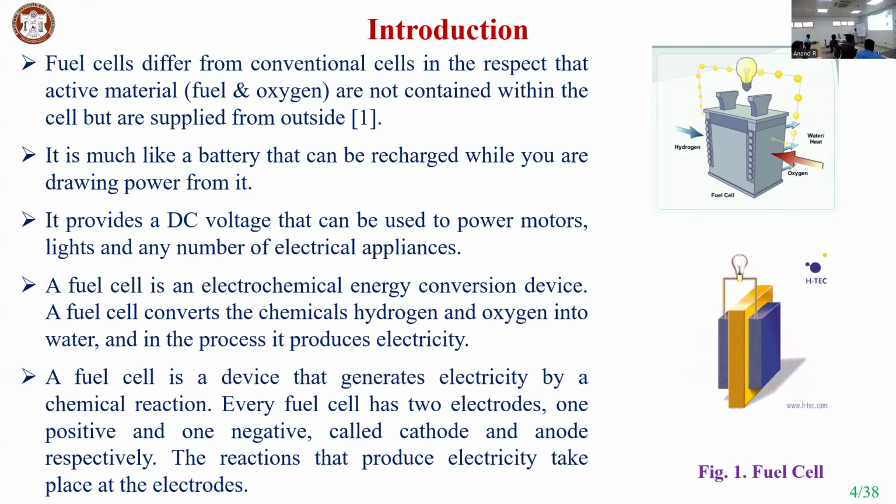Then the catalyst: catalyst for anode, catalyst for cathode, and catalyst for the diffusion. Then we need to produce the electricity, so electricity associated components are also part of it.